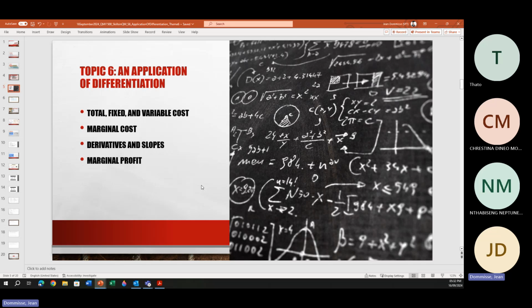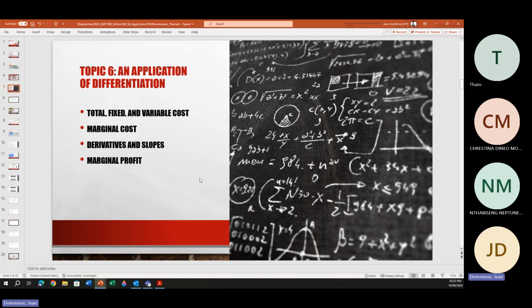Okay, so when we look at the application, these are the few things that we will look at. If you guys had any previous subjects like economics or DSC or any of those, we were first going to look at total cost, which is equal to fixed cost and variable cost.